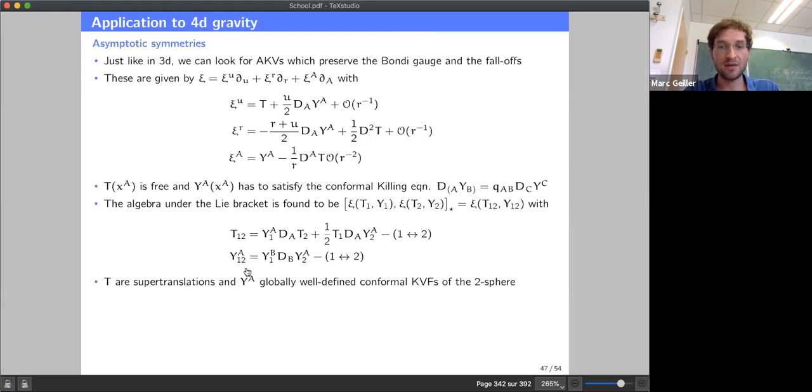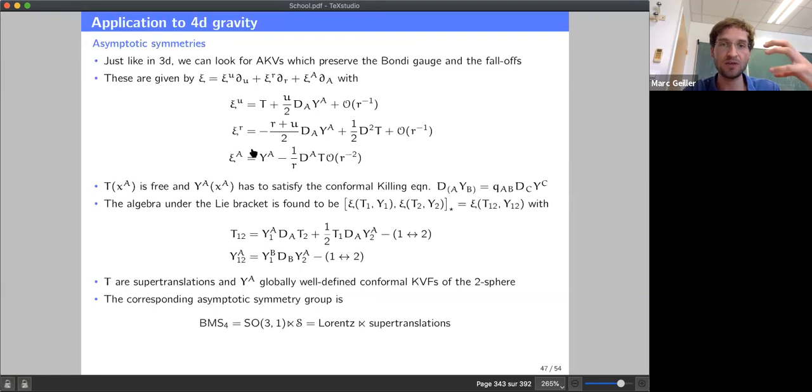But because the component Y on the 2-sphere has to satisfy the conformal Killing equation, the part which is due to rotations on the celestial sphere is only the Lorentz algebra.